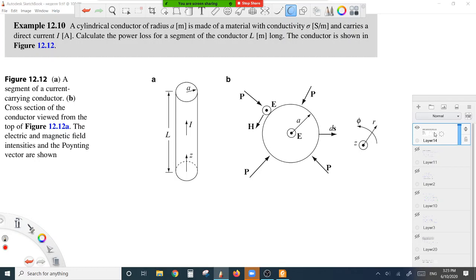The conductor is shown in the figure. How do we proceed here?